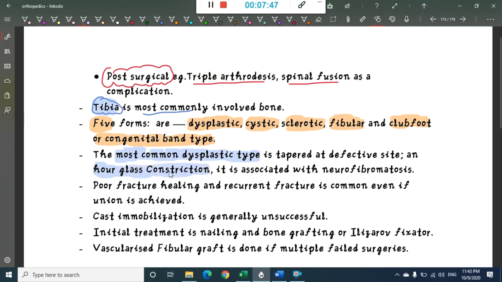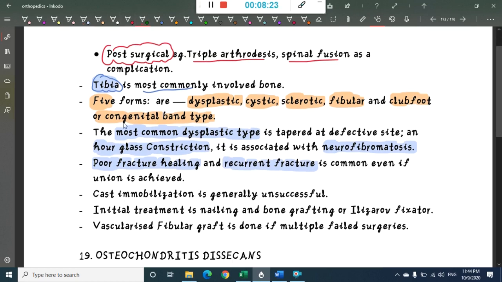This hourglass constriction is associated with neurofibromatosis. It will also lead to poor fracture healing, and recurrent fractures can occur in this pseudoarthrosis.